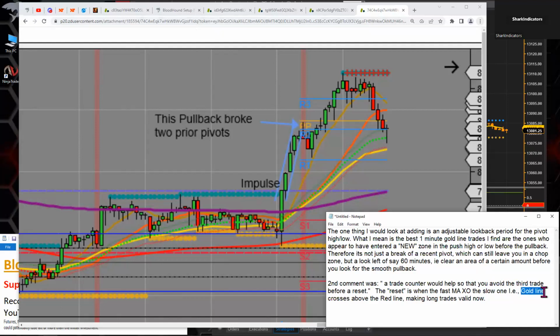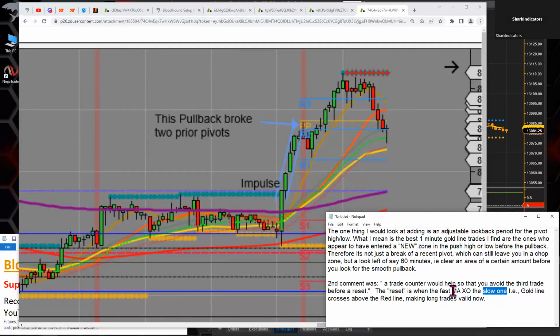The problem is that the gold line is on the 1 minute chart, whereas the slow moving average is on the 5 minute chart. And BloodHound does not mix and match time frames within a single solver. The entire solver is on one time frame and one time frame only.